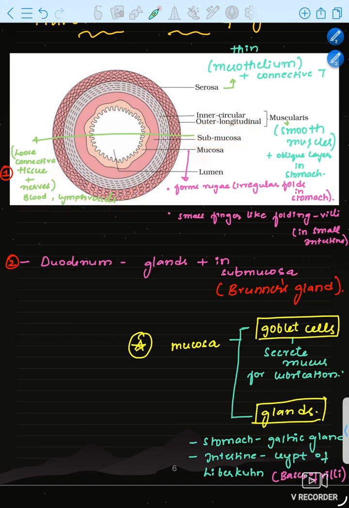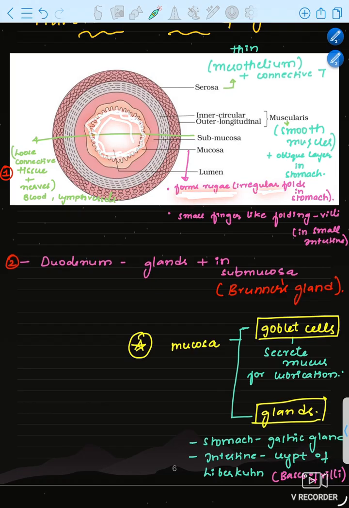And next, mucosa. Mucosa is important because it is the innermost layer, and you have to remember mucosa will be different in different organs. In stomach it will form rugae, that means irregular folds, for churning and absorption.